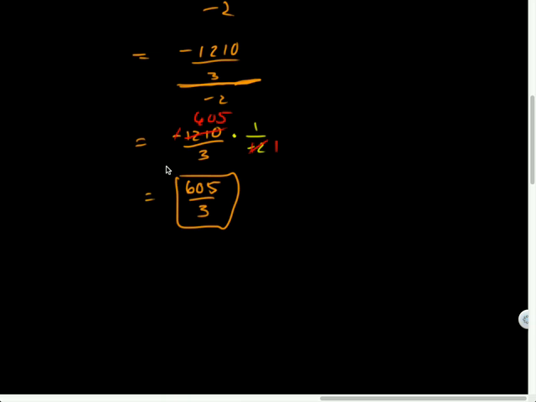Which, for my decimal fans out there, I bet it's going to have a 3 repeating or a 6 repeating. It's 201.6 repeating. I guess with that repeat symbol, it's exactly equal, isn't it? Actually, that's one of the cool things that's going to happen with limits. Oh, I love this part. I can't wait to teach this, guys.